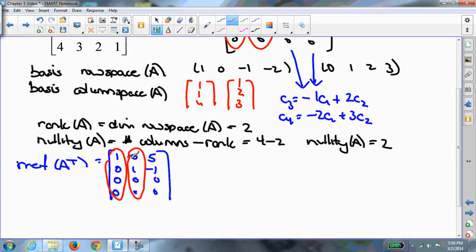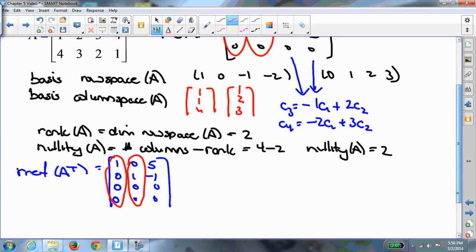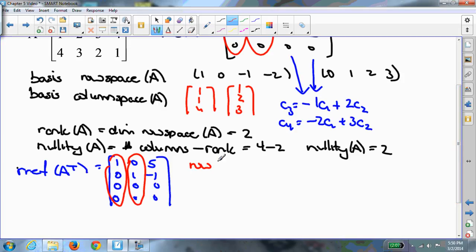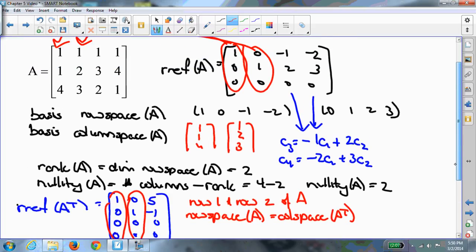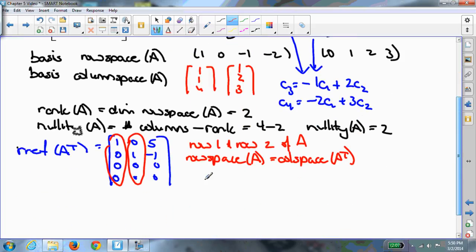So let's take column 1 and column 2 of A transpose, which would be row 1 and row 2 of A, and that would be the row space of A, which is the column space of A transpose. And basically those would be the first two rows then of A, which would be 1, 1, 1, 1, and 1, 2, 3, 4.